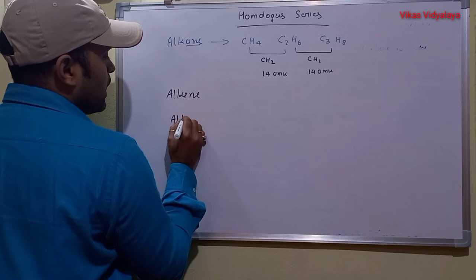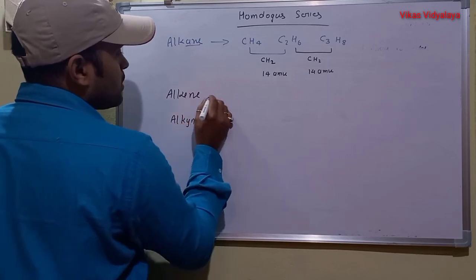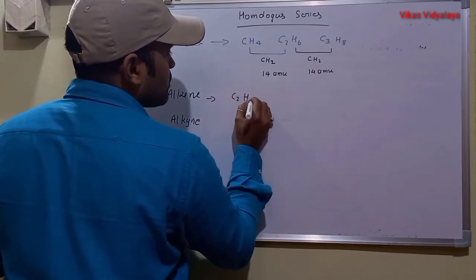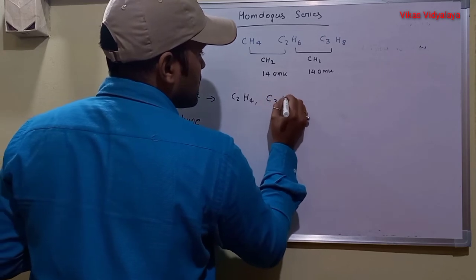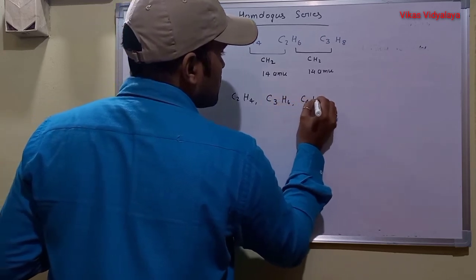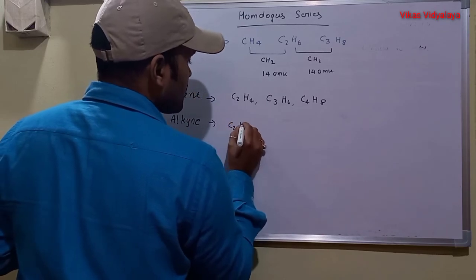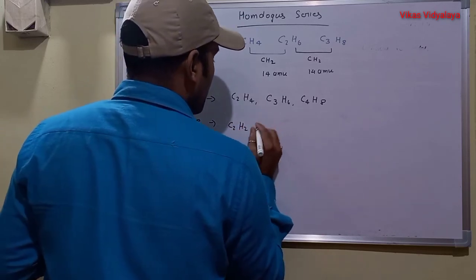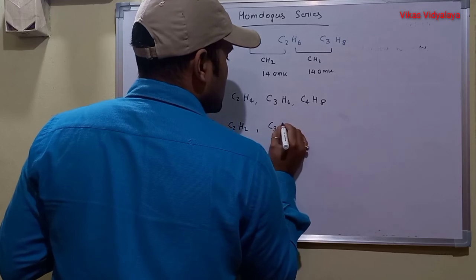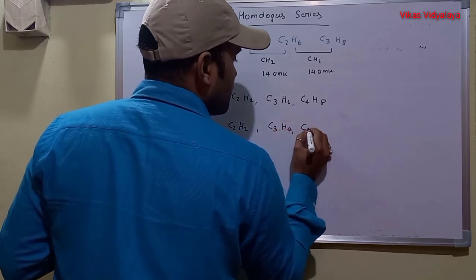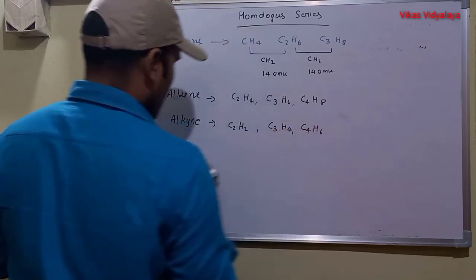Alkene will be C2H4, C3H6, C4H8. Alkyne is C2H2, C3H4, C4H6.